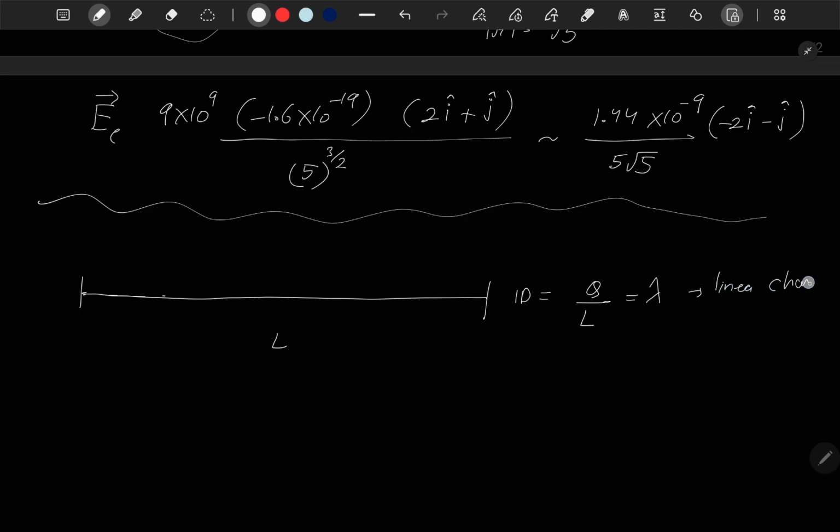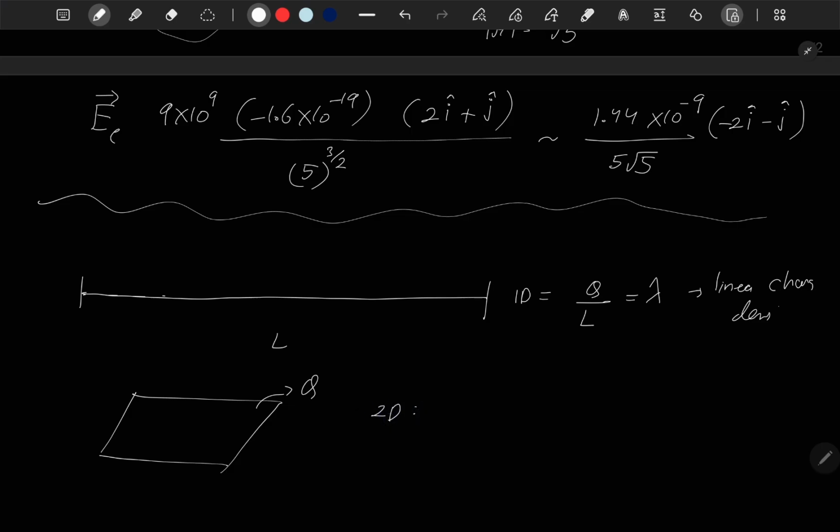And in 2 dimensions, say we have a sheet of charges, and this is not discrete charge, this is a continuous charge. It is a sheet of charge. Suppose the total charge again is Q, spread uniformly.